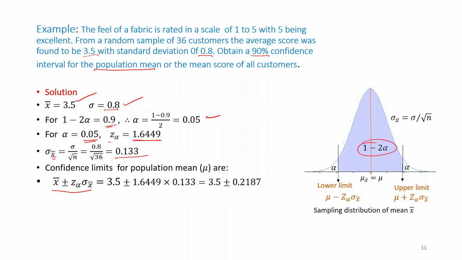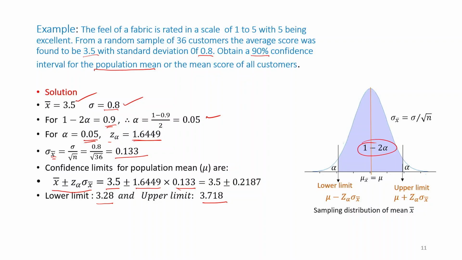So x bar, the sample mean, is 3.5, z value is 1.6449, and value of sigma x bar is 0.133. It is 3.5 plus minus 0.2187. So lower limit will be 3.28, upper limit will be 3.718.